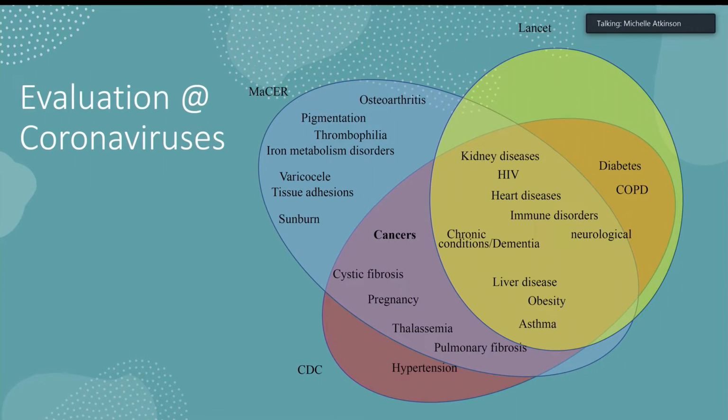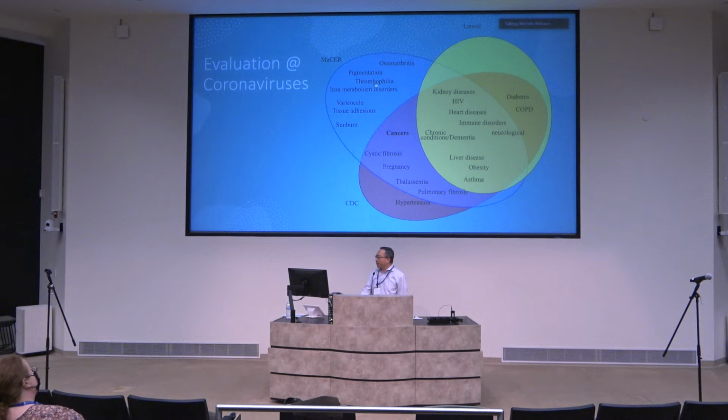But in addition to that, we also identified some other diseases that we think are related to coronavirus infection. One interesting example is pigmentation thrombophilia.